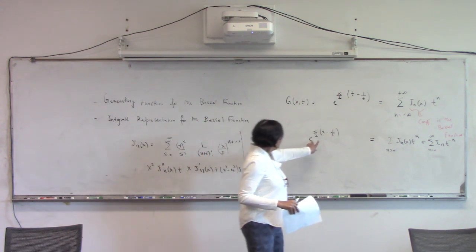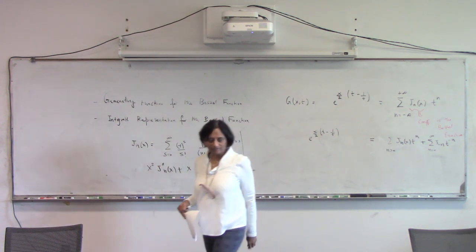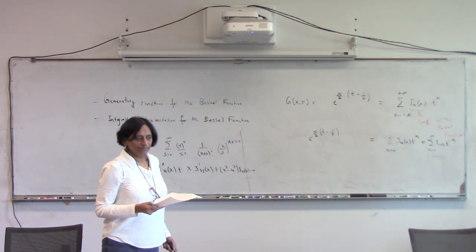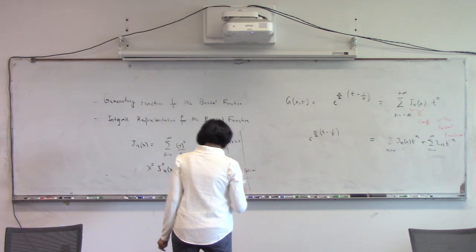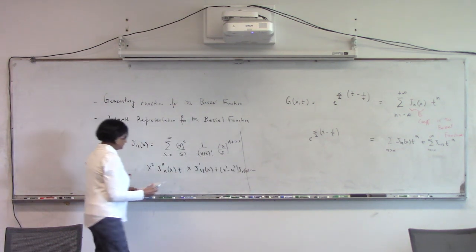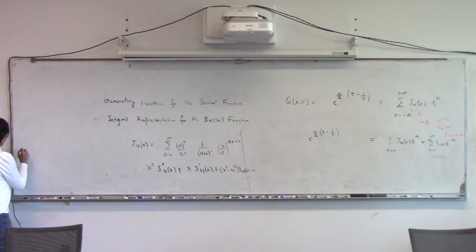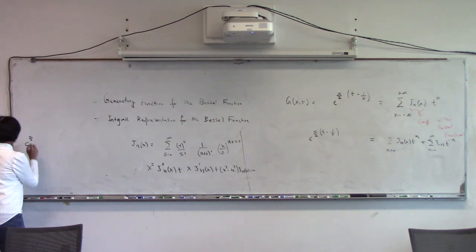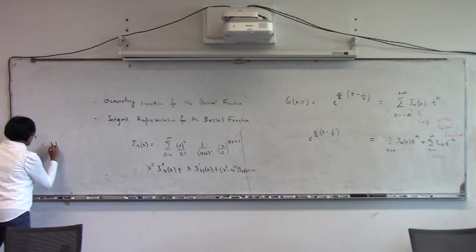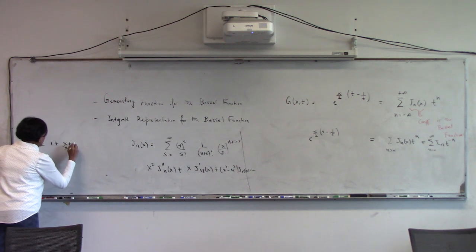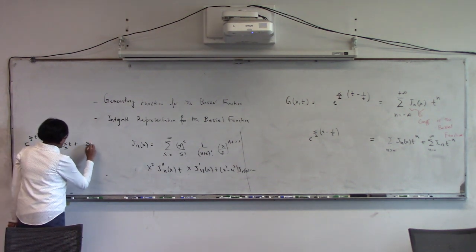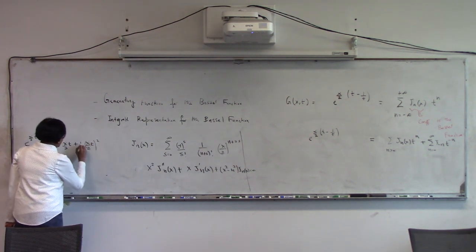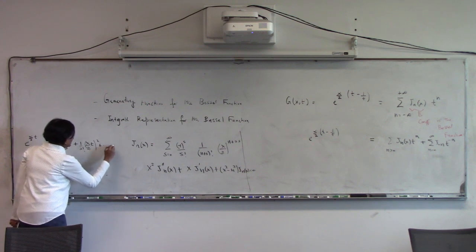So, what can we do with exponentials if you want to write them in series form? Exponential of x over 2 times t is nothing but 1 plus x over 2t plus x squared terms, an infinite series.